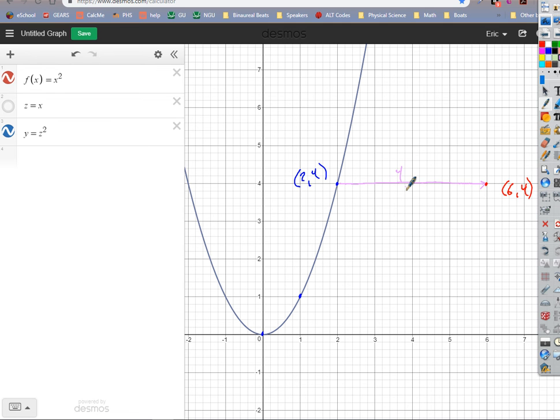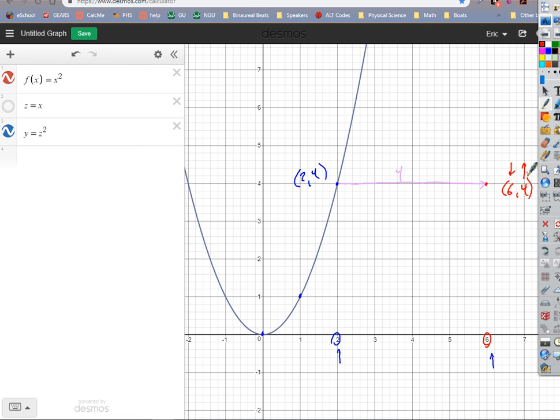So I've got to go 4 to the right. When I'm inputting a 6, I need the function to spit out a 4 instead of 36, because I want to get that point. I want to input a 6 and output a 4.